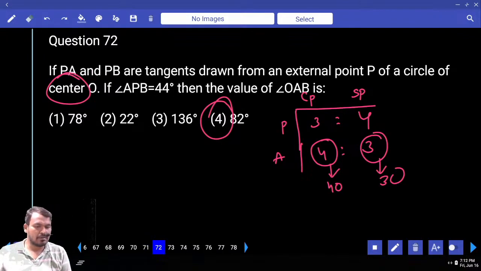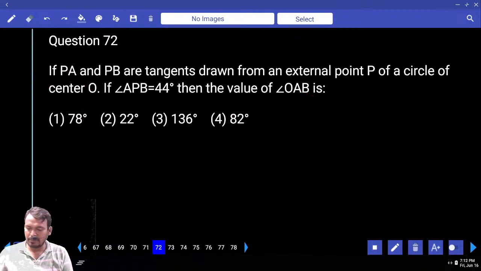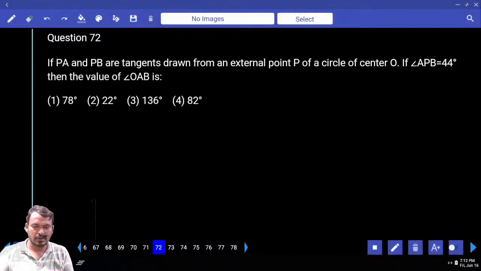PA and PB are tangents drawn from an external point P of a circle of center O. If angle APB equals 44 degrees, then what is the value of angle OAB?